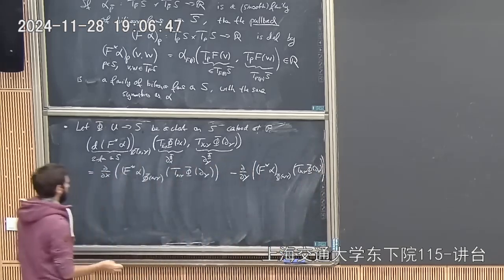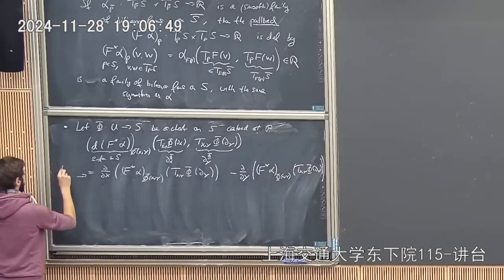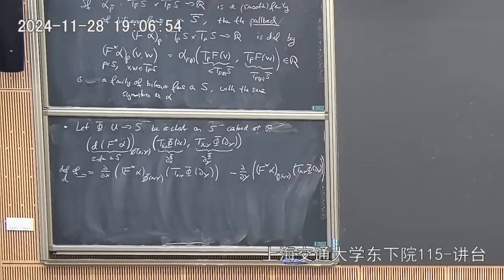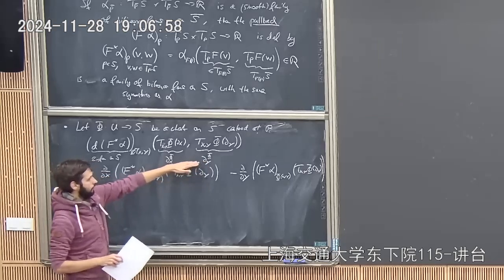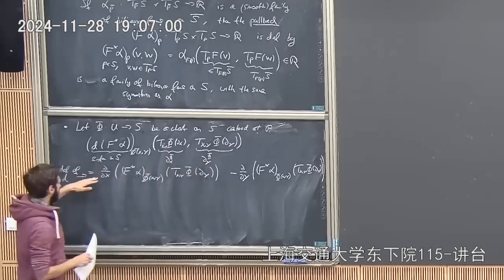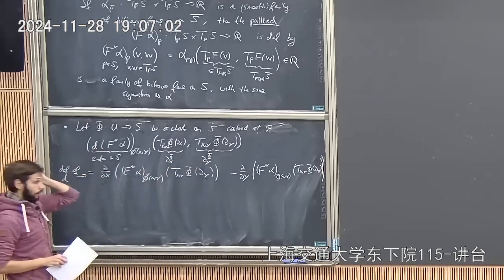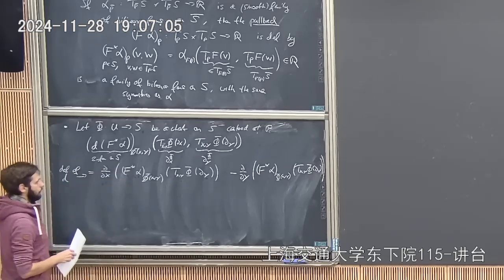So that's nothing else than the definition of the operator D, which was defined like this: if you take a chart and you plug in these 2 vectors, then you can calculate the D of that using this formula.